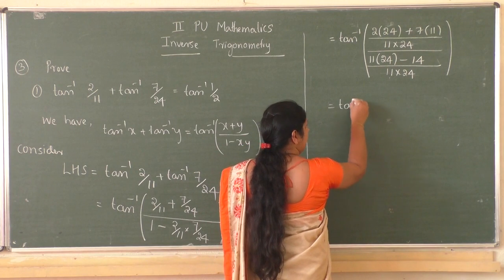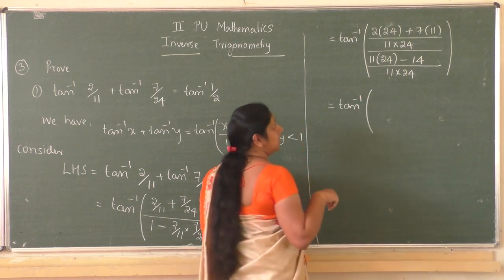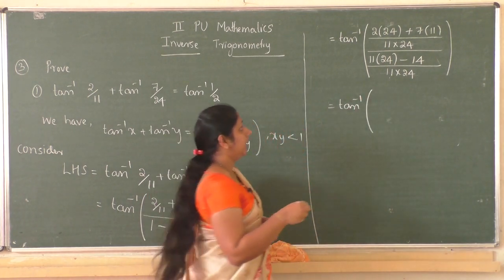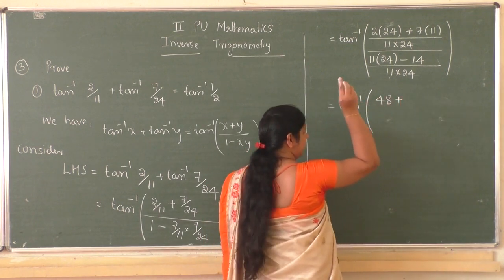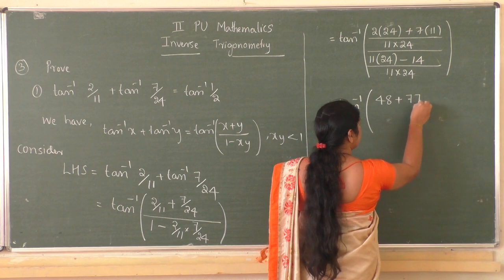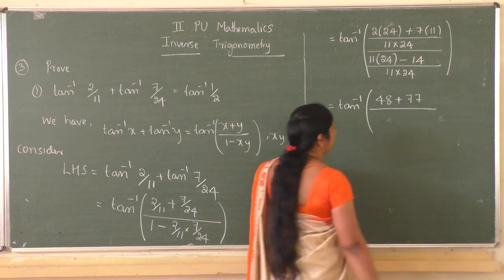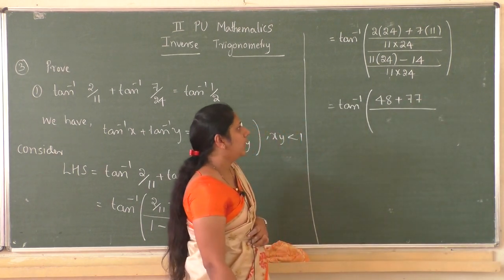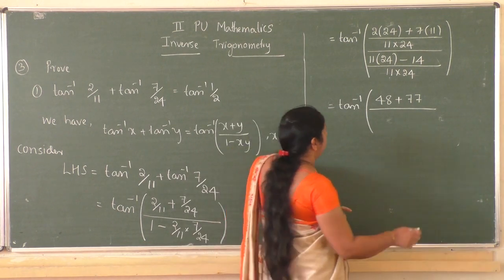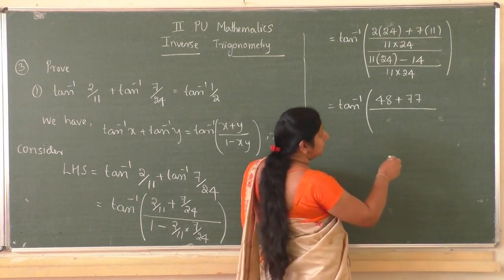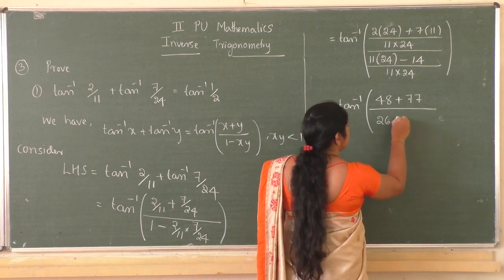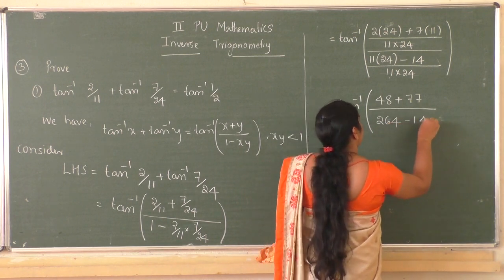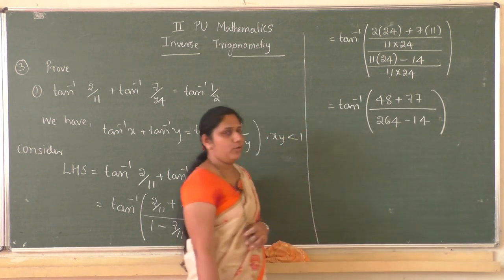That is tan inverse of 2 into 24, that is 48, plus 7 into 11, 77. And 24 into 11, 24 into 10, 240, plus 24, that is 264, minus 14.